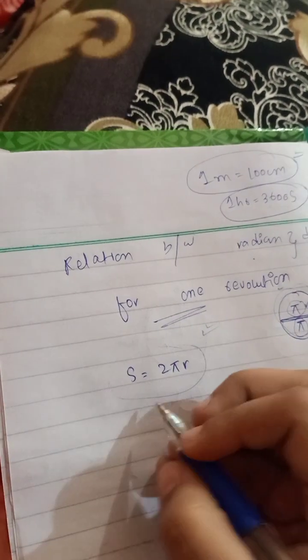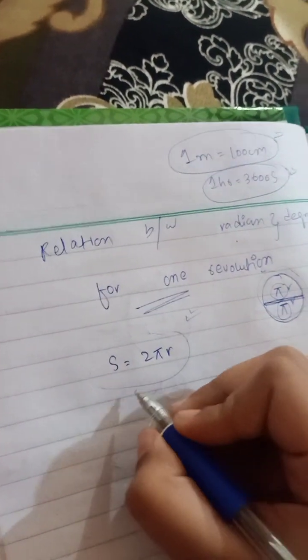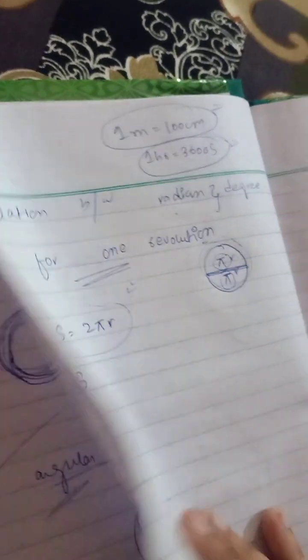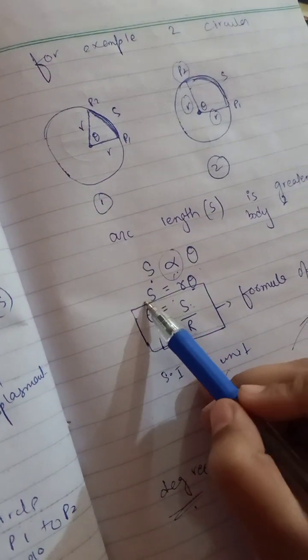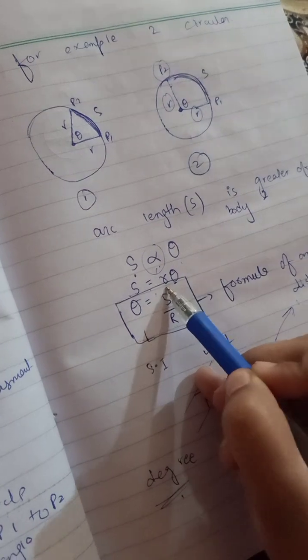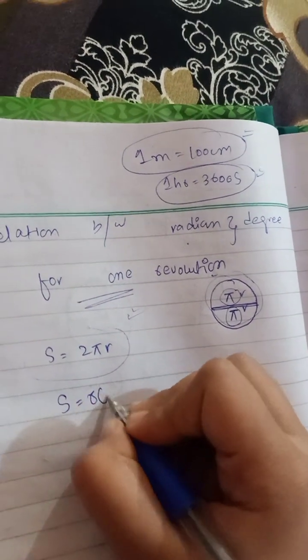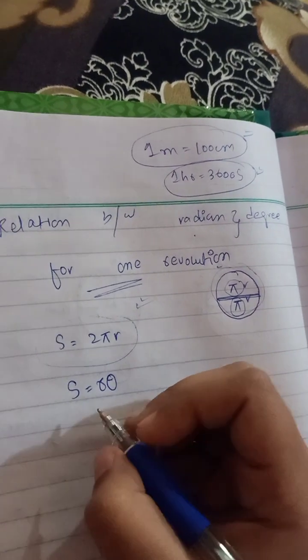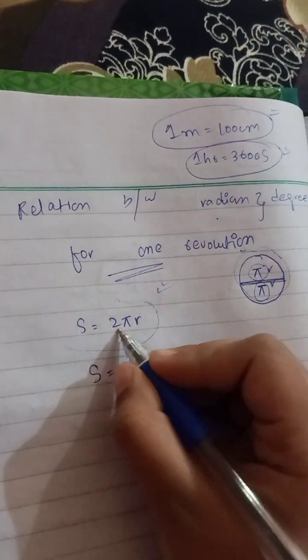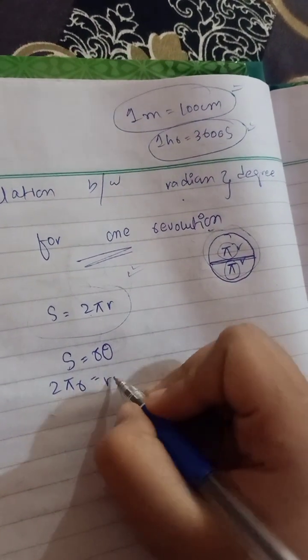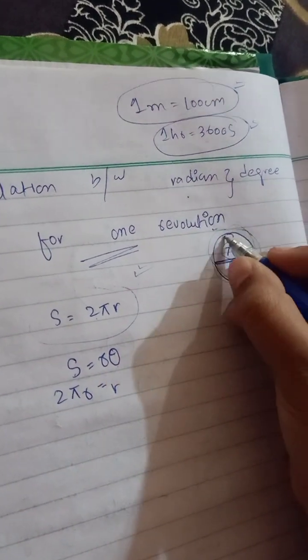We have a formula for the angular displacement: S, the arc length, is equal to r theta. Here S is equal to 2 pi r, and theta is 360 because of the circumference.